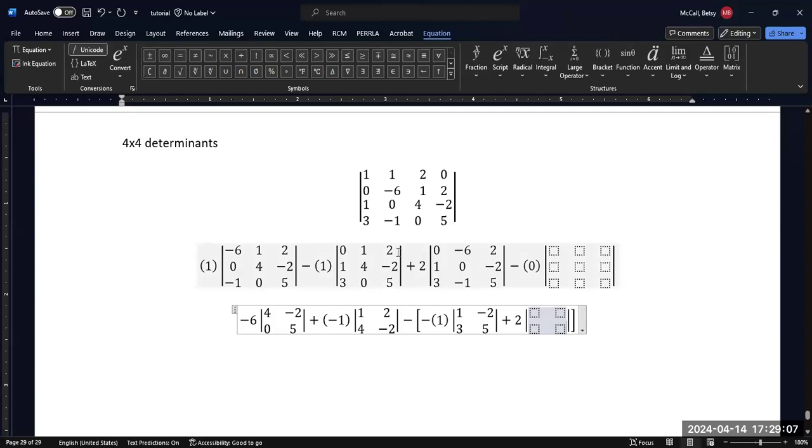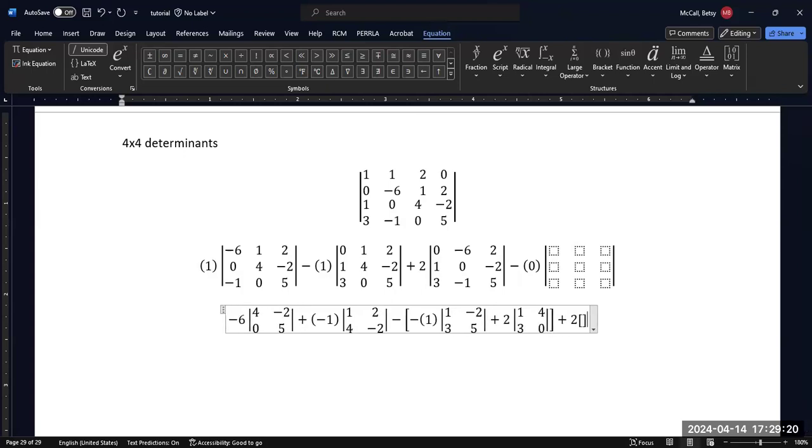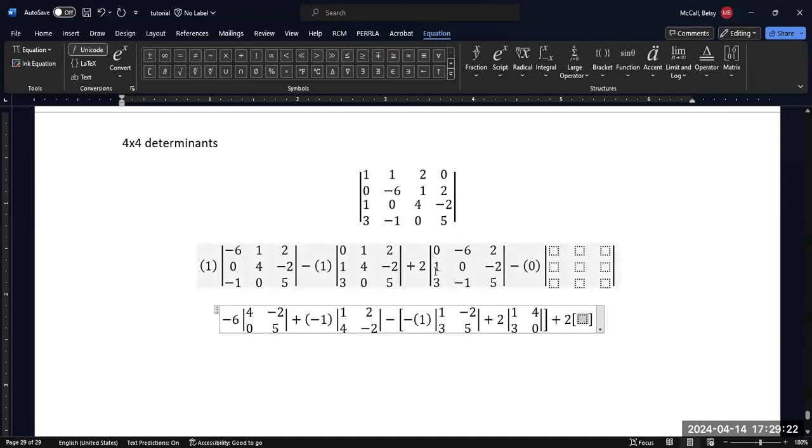And canceling out this row and this column, I get 1, 3, and 4, 0. And then my 2, again, if I expand on first row, first column, whatever, we'll just do the first row.